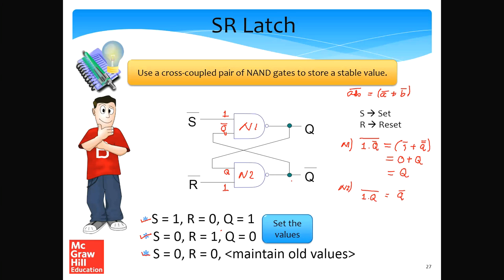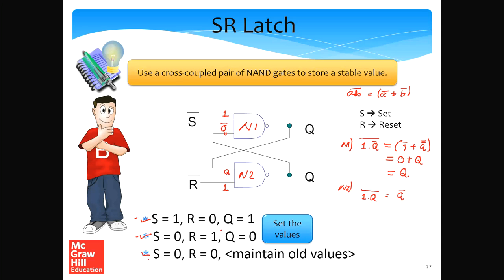This is a fantastic idea, so I'll tell you why. The way that this latch works is that we have a way of setting the value, which means setting Q to 1. We have a way of resetting the value, which means setting Q to 0 using these two combinations.